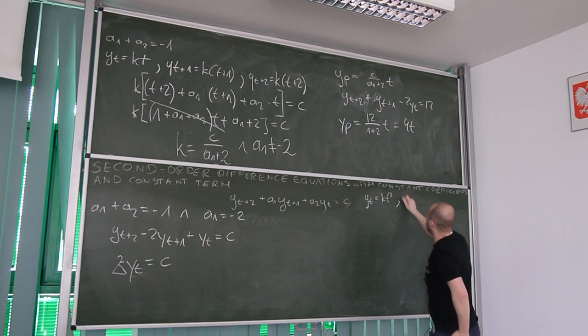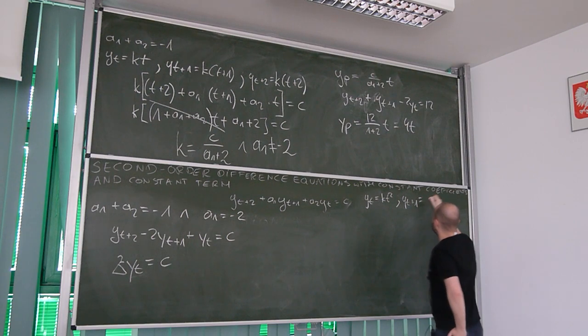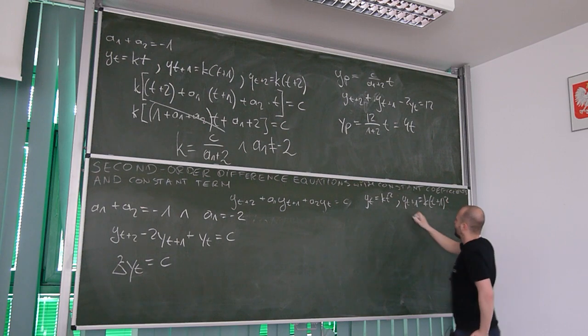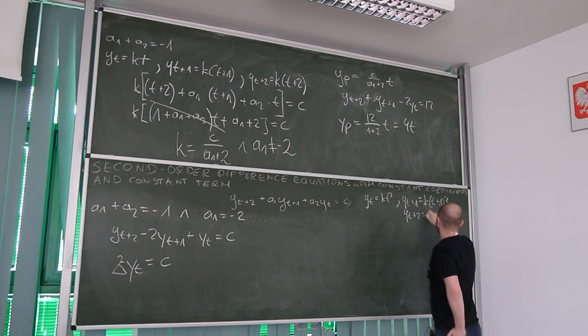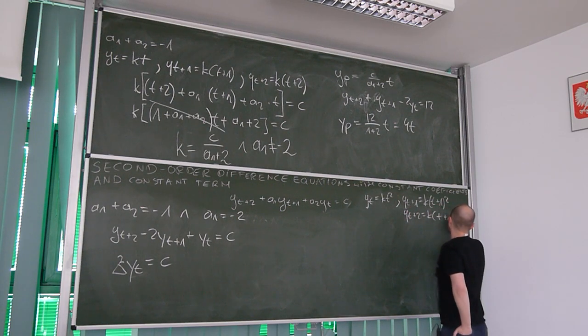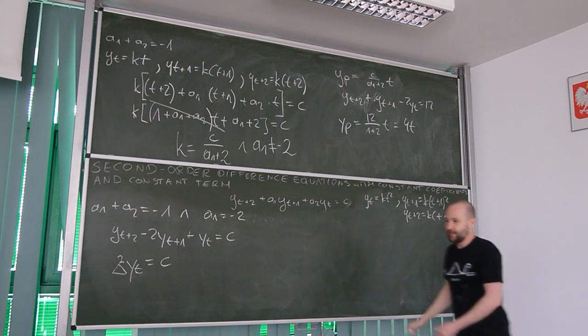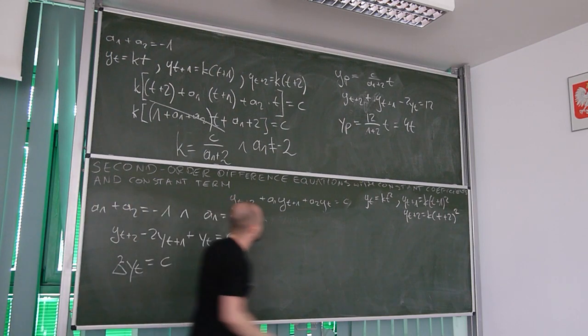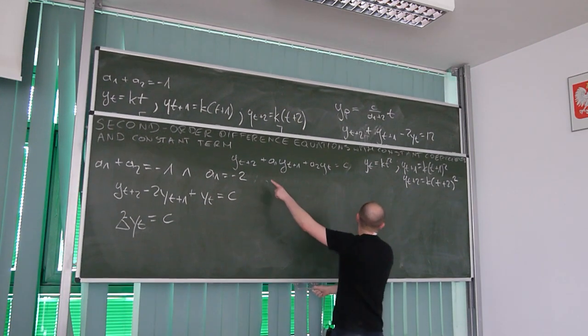In this case, we will have yt plus 1 equal to k(t plus 1) squared, and yt plus 2 equal to k(t plus 2) squared. Okay, now we substitute those into the equation.